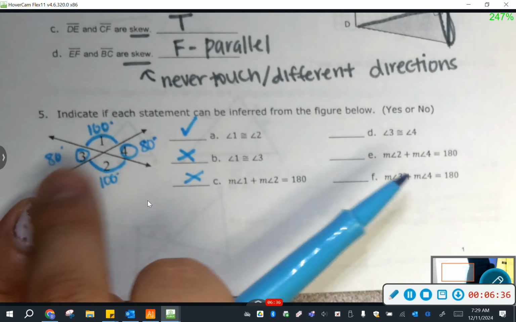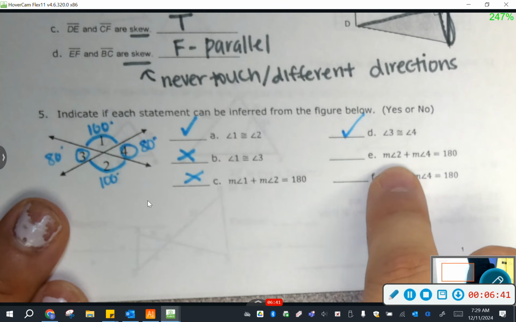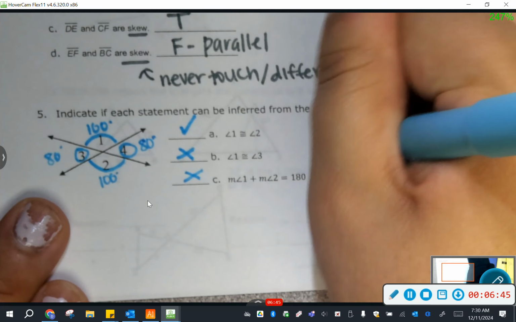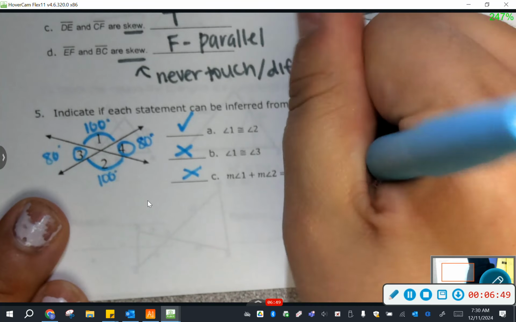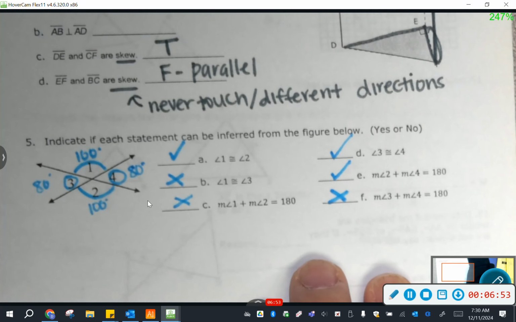What about 4? Are they the same? No. 2 and 4 add up to 180. Yes. Do 3 and 4 add up to 180? No, they're across from each other. So that is a question we'll see tomorrow. Okay.